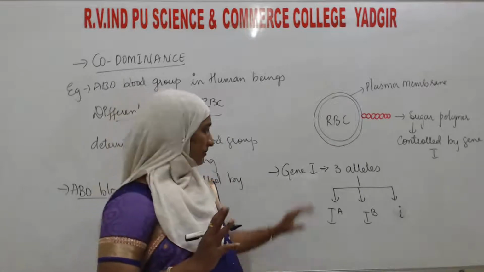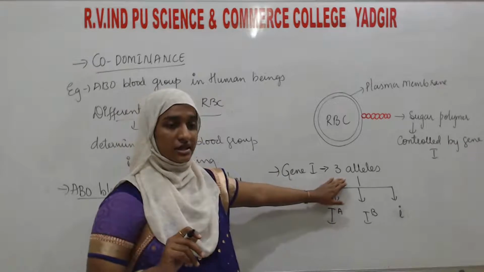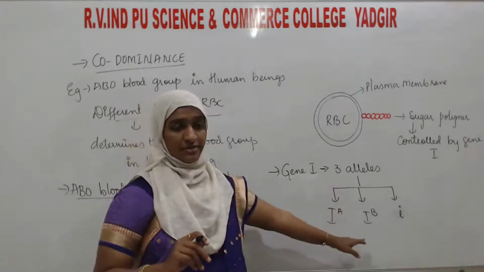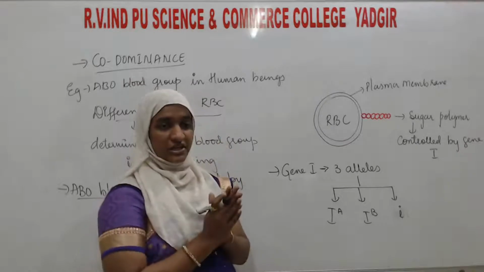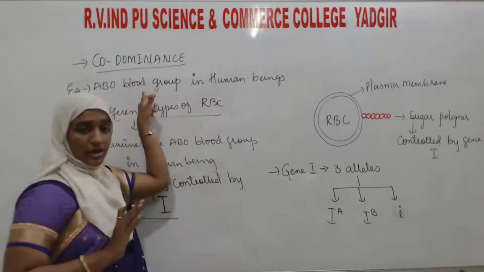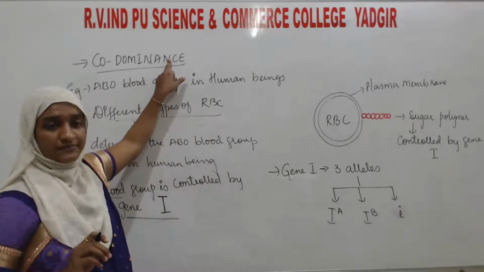Three alleles are there, and this gene I has 3 alleles. What are the 3 alleles? IA, IB, and small i. Okay, so once again, ABO blood group in human beings is an example for codominance.